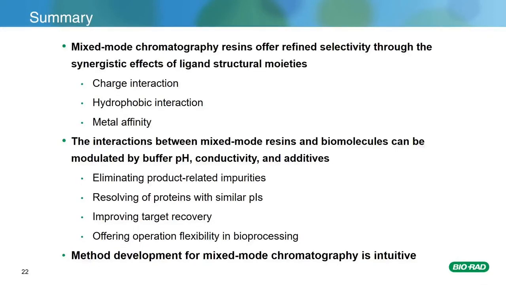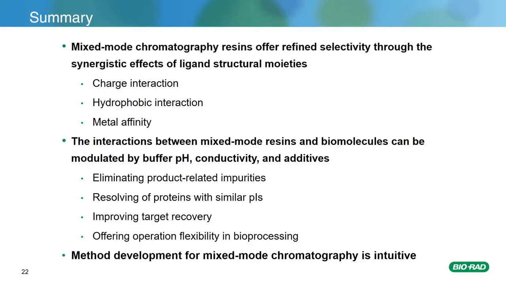Here is the summary of my presentation. Multiple interactions may take place between the mixed-mode resins and biomolecules during chromatography separation. By the variation of buffer pH and conductivity and the use of additive, we can resolve similar protein species, eliminate impurities, and recover the target molecules in good yield.